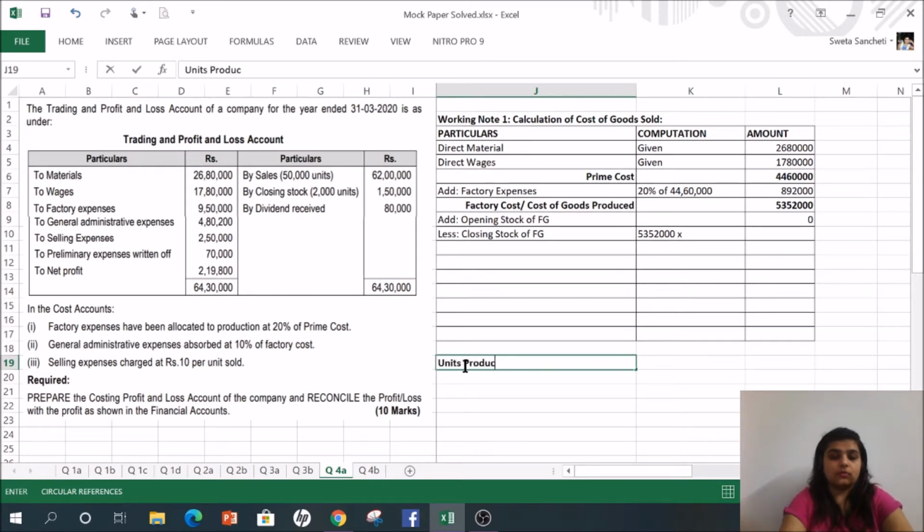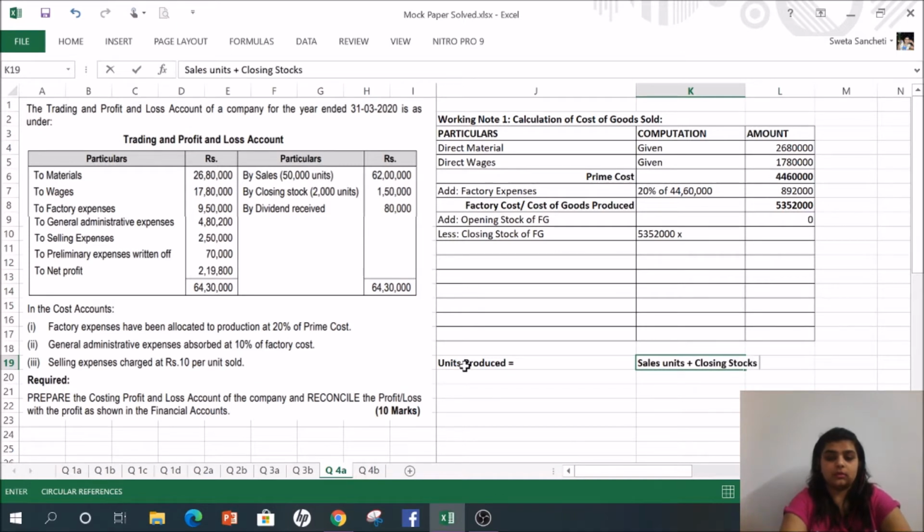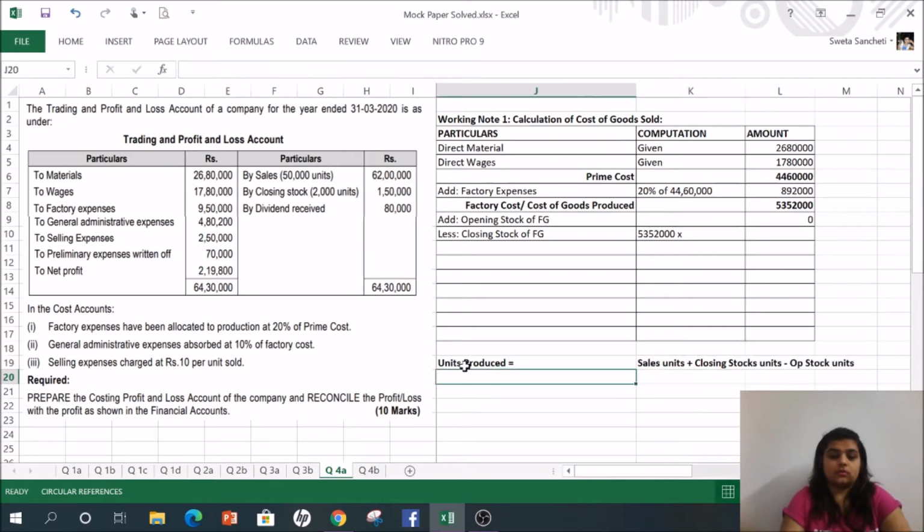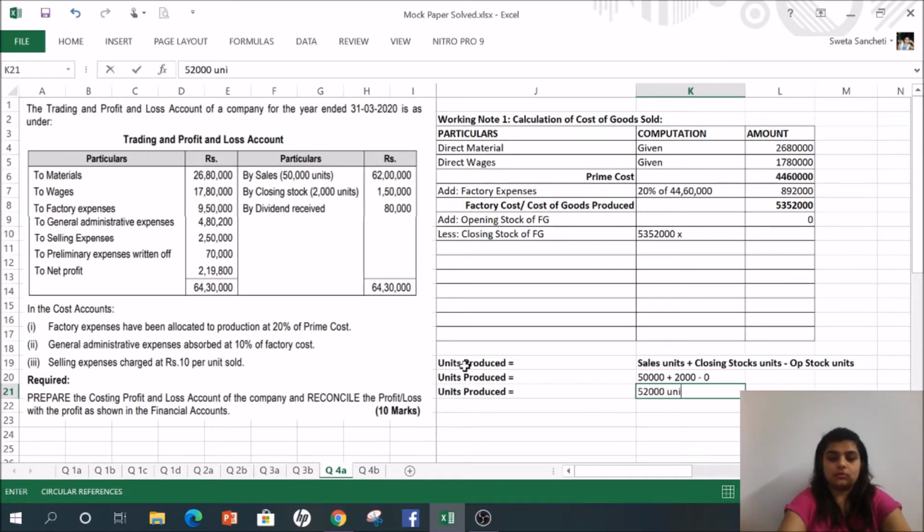Units produced is equal to our sales units plus our closing stock units minus our opening stock units. So that is equal to sale units 50,000 plus closing stock 2,000 minus opening stock 0. So units produced is 52,000 units.